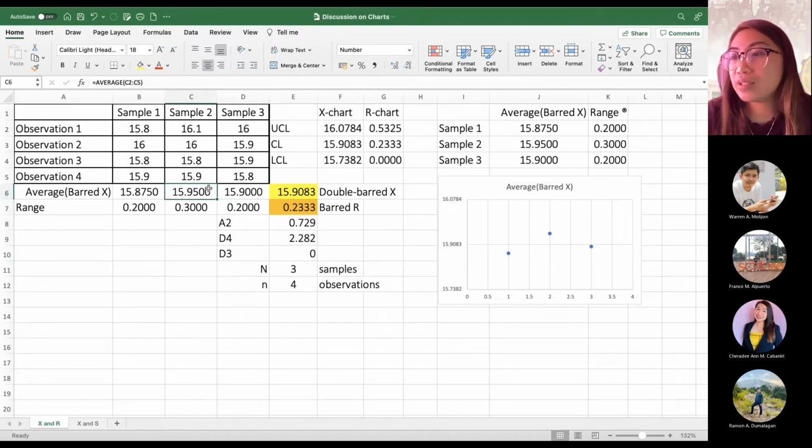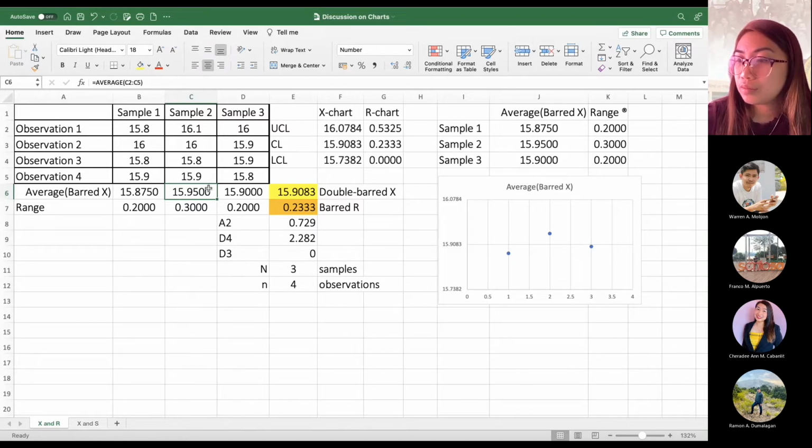Let me correct this one. It should be 15.95, not 975. So, therefore, it should be 15.9083.